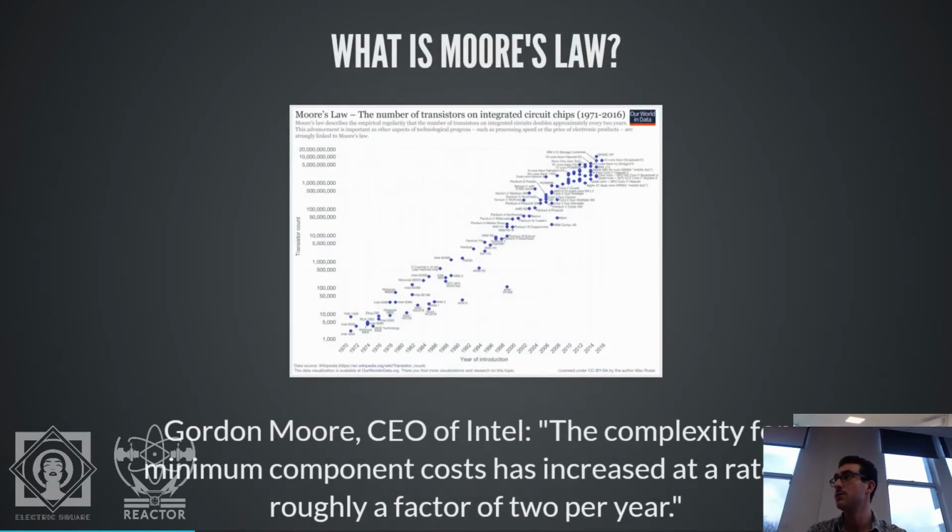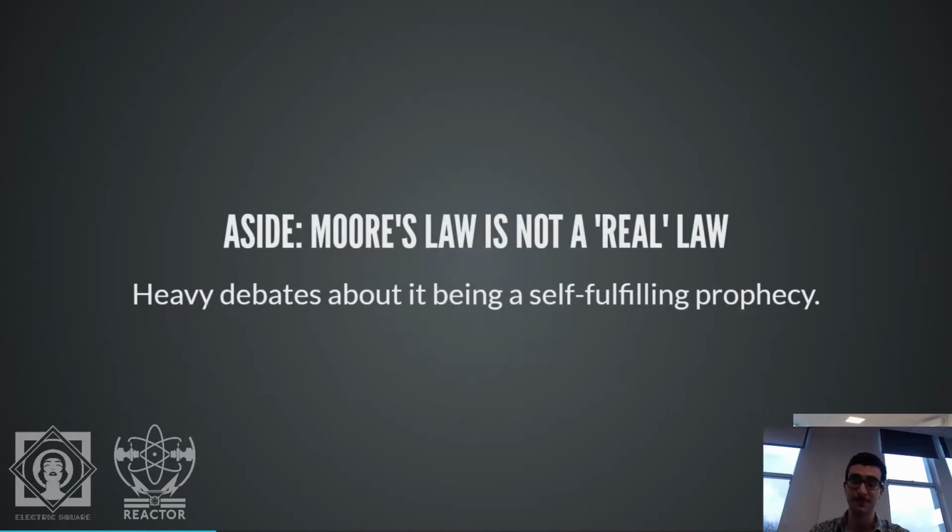So what's Moore's law? Gordon Moore, the CEO of Intel, basically predicted that the minimum component costs, the complexity for them, increased at a rate of roughly a factor of 2 per year. In practice, it means roughly, though not entirely true, chips will be twice as good every year, which is quite a fast rate.